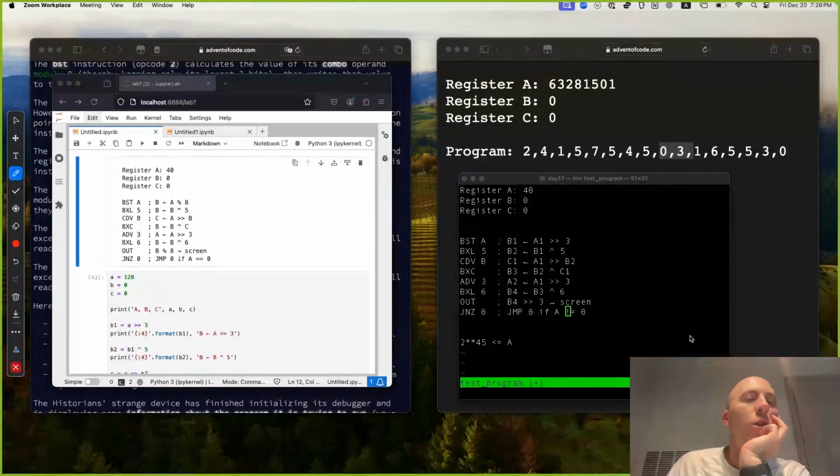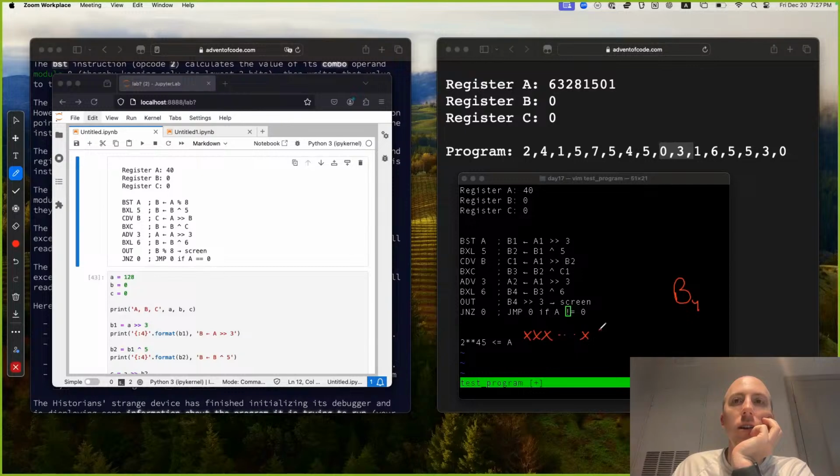So kind of before. Okay, now we're characterizing before. B4 has to look like this. It just has to look like XXXX blah blah blah 0, 1, 0.